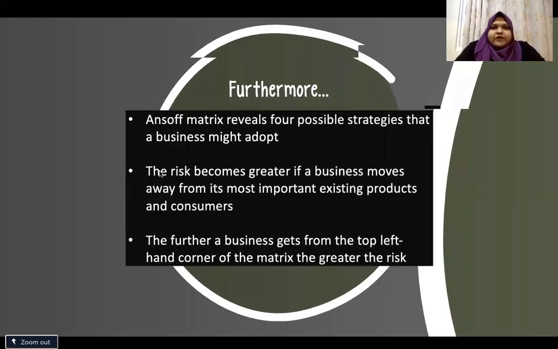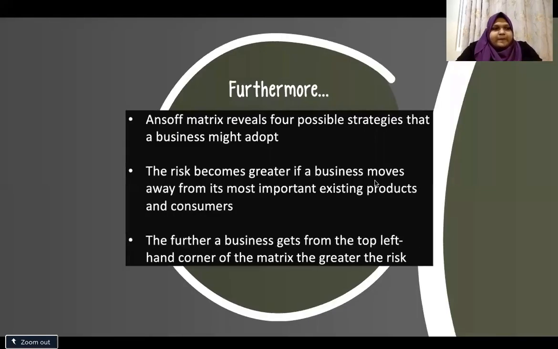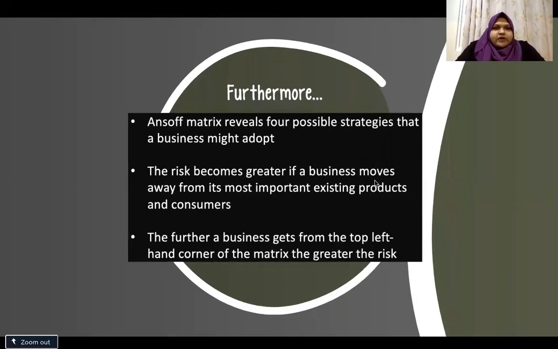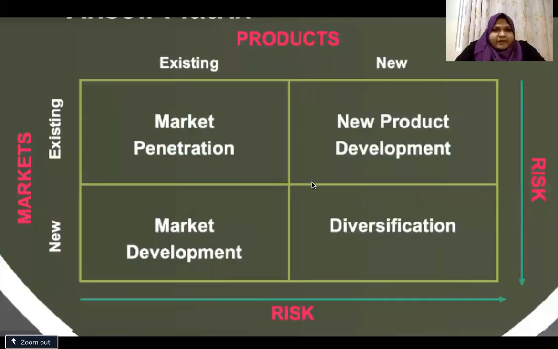Looking further into the Ansoff matrix, as I mentioned earlier, it reveals 4 possible strategies that a business might adopt. The risk becomes greater if a business moves away from its most important existing products and consumers. The further a business gets from the top left-hand corner of the matrix, the greater the risk. Looking again at the matrix, first we have market penetration, that is existing market and existing products.